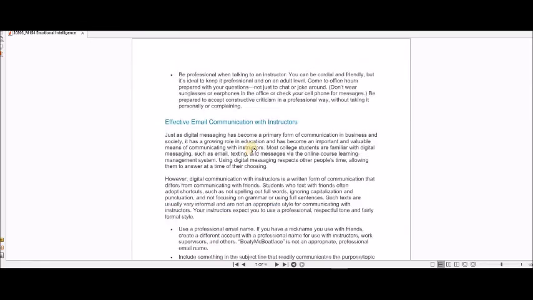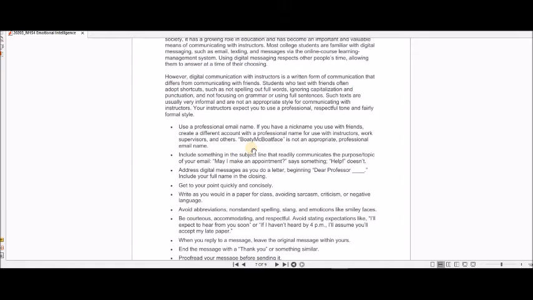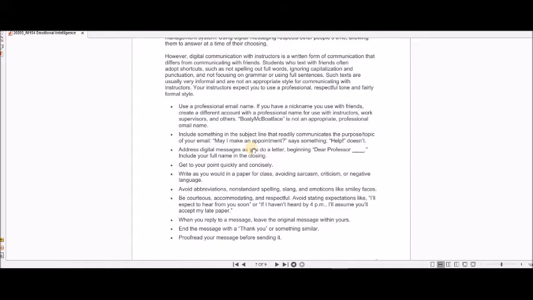Here's a form of communication called email. I can't tell you the number of times I get an email from a student where it's like I'm talking to someone that's been kicked in the head by a horse sometimes, and I apologize if you know anyone that's been kicked in the head by a horse, but they're very short, they're very blunt, they have absolutely no character, no personality to them, and when I read them, my responses tend to be, sure.